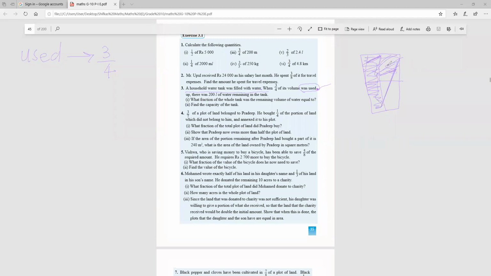Now what is the remaining part? What is the remaining part? 1/4. What is the remaining part of the tank I didn't use?